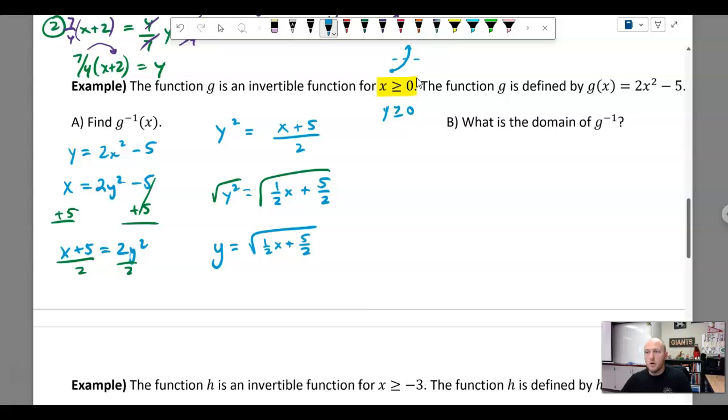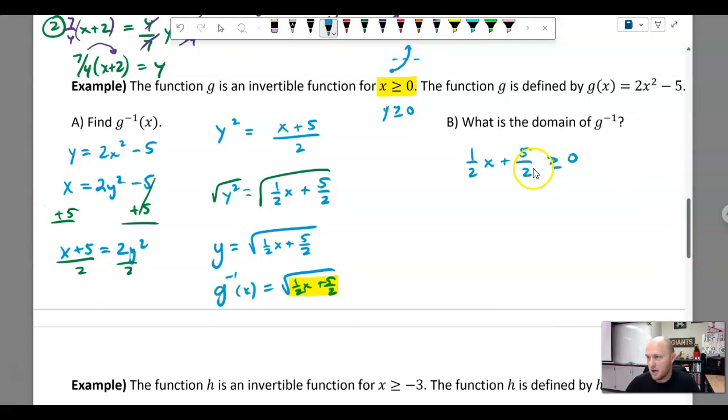Okay, so what is the domain of g inverse? There are a couple of ways that you can figure this out, but coming from the perspective of this inverse function, and I just realized that I should call this g inverse of x, this is a square root function, and square root functions do have domain restrictions. You're going to take the radicand, the portion that's on the inside of the square root, and it has to stay non-negative.